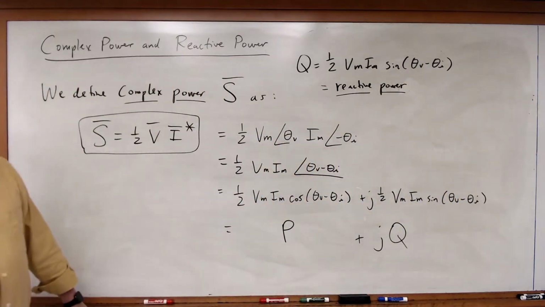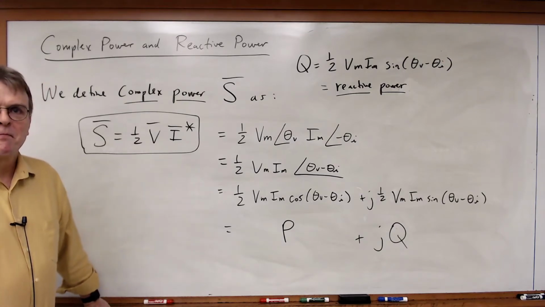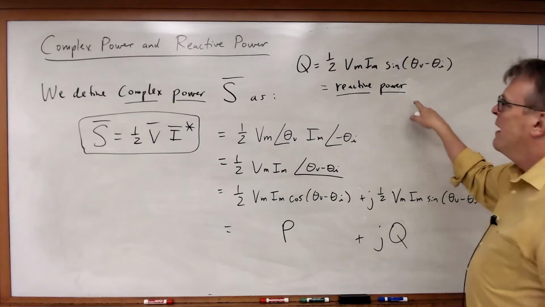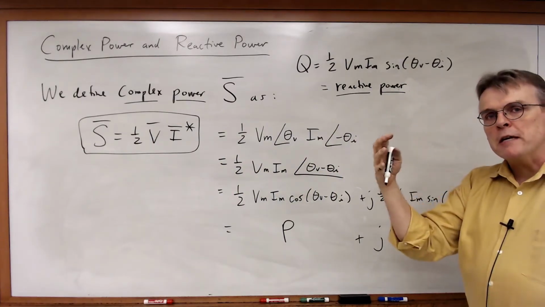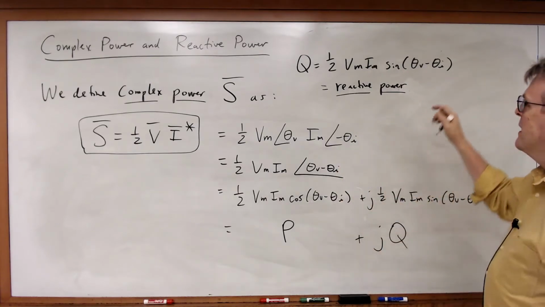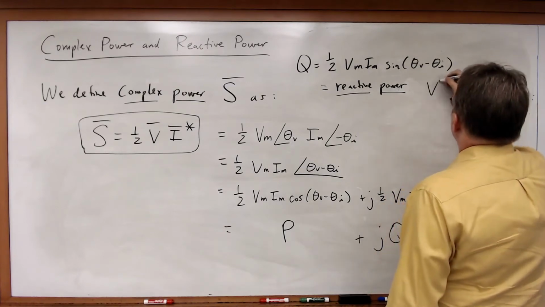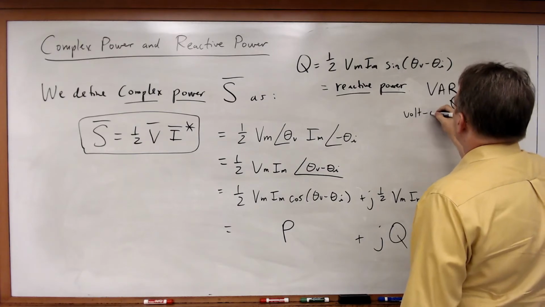Now, reactive power does not have units of watts. As we're going to see, reactive power only refers to the transfer of energy into and out of inductors and capacitors. And so we're going to give this units of VARs, volt ampere reactive.